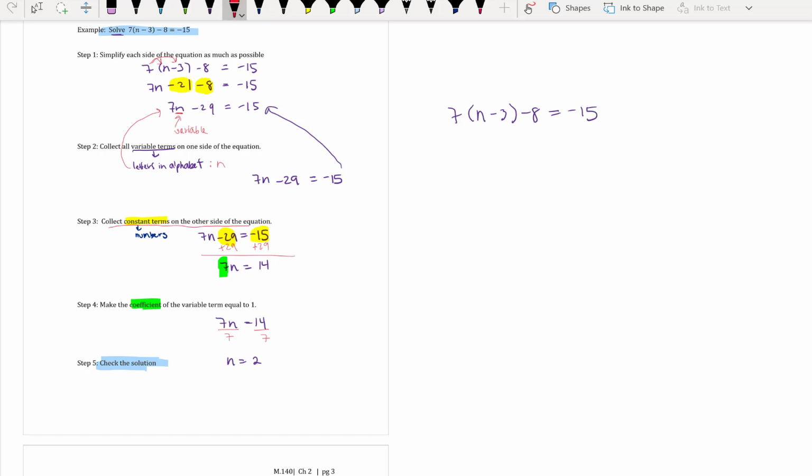Well, if we want to check if n equals 2 is going to be a solution, then that's the number that we are going to plug in. From step number 3, this is the equation simplified.